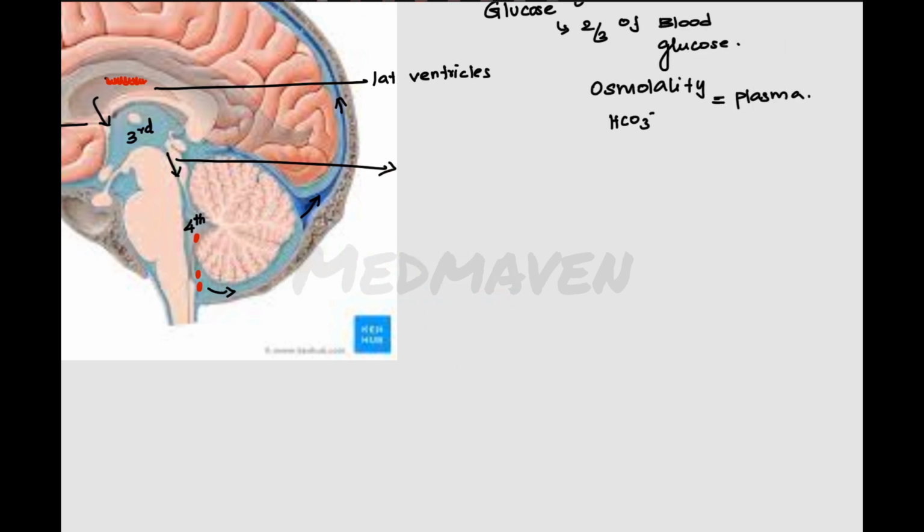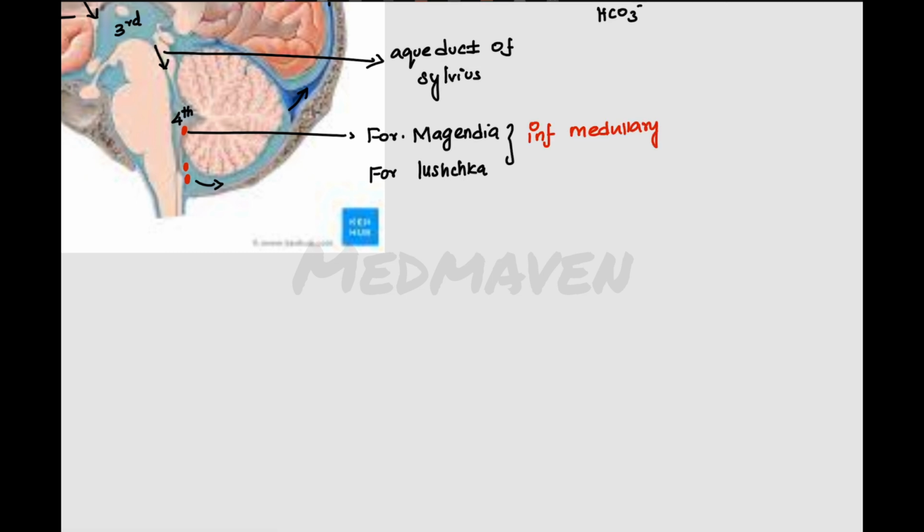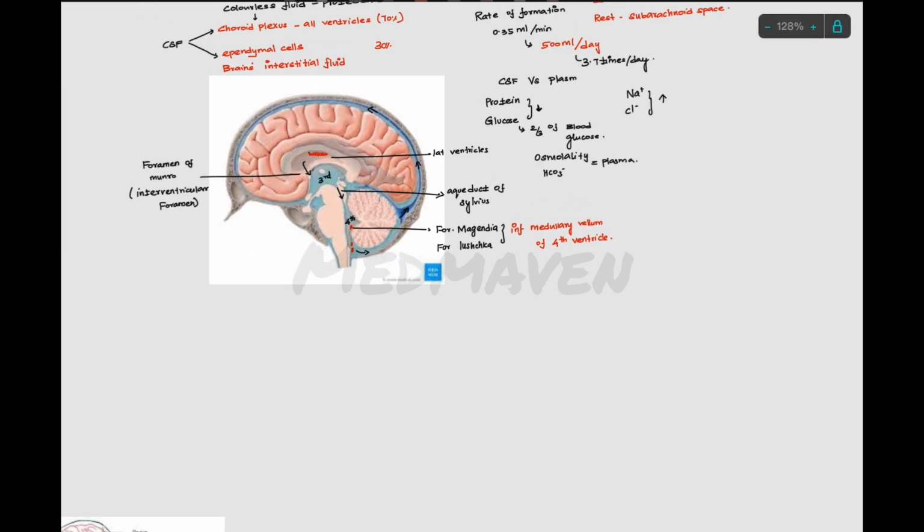Then from the third ventricle, it passes into the fourth ventricle via the aqueduct of Sylvius. From the fourth ventricle to the subarachnoid space, it goes through the foramen of Magendie and foramen of Luschka. These 2 foramina are derived from the inferior medullary velum of the fourth ventricle. This is about the circulation of CSF.